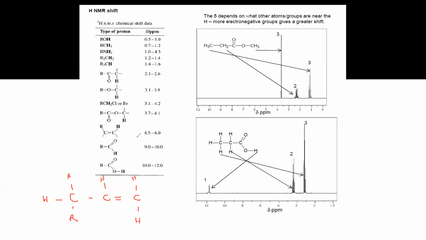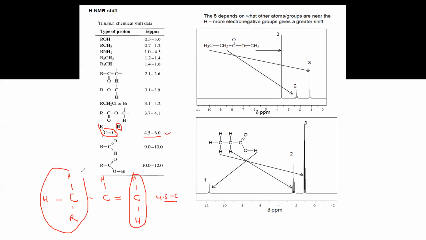You have to check which one is R, meaning carbon chain, then CH2. So for this hydrogen, because you can see it matches, it will be from 4.5 to 6. You can draw in this range.